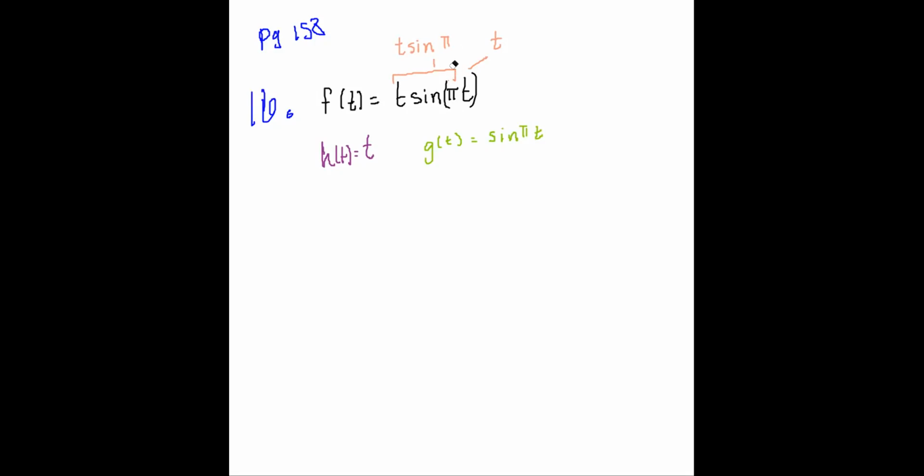You're not going to divvy it up like that. Does that make sense? Okay, cool. So we have h of t and we have g of t. What are we doing next?